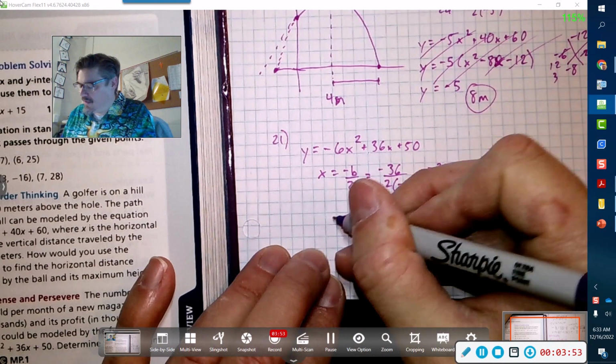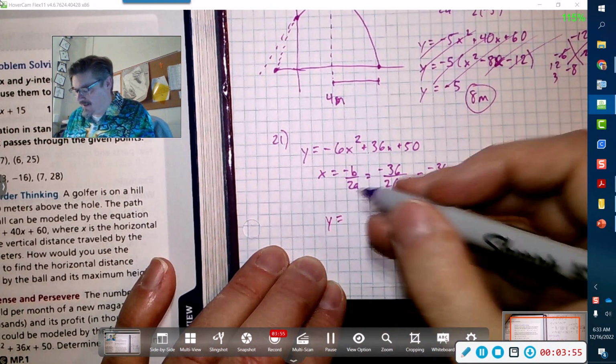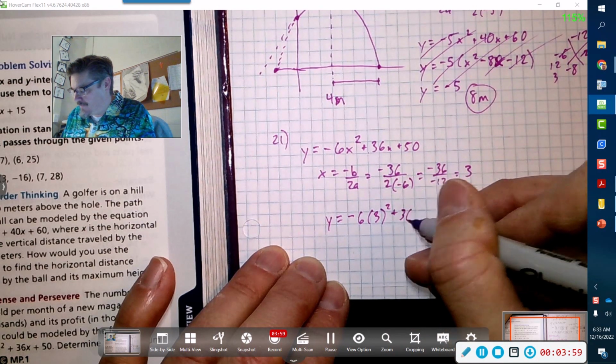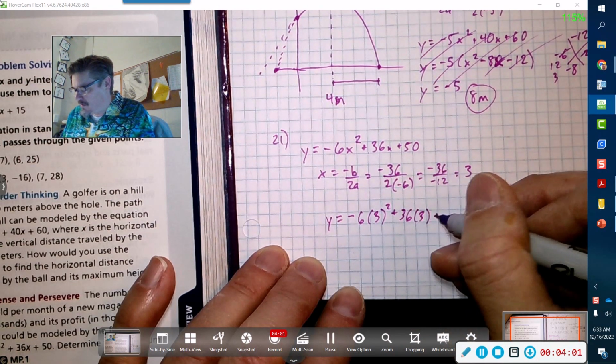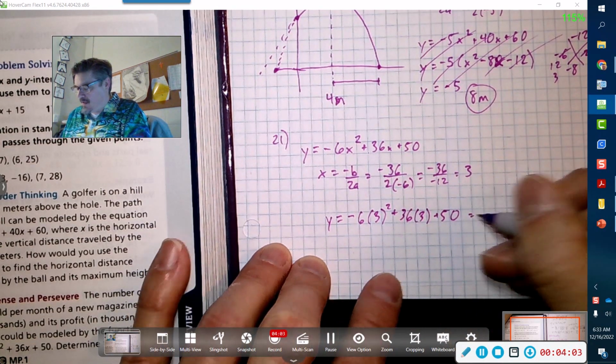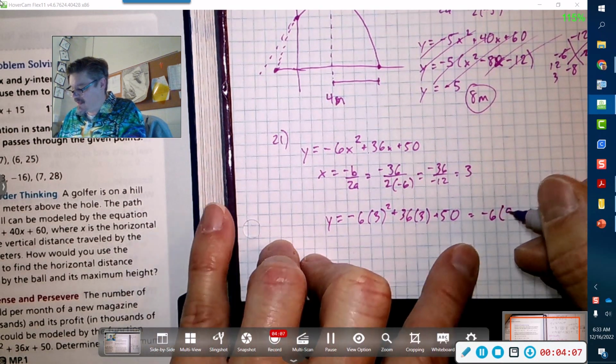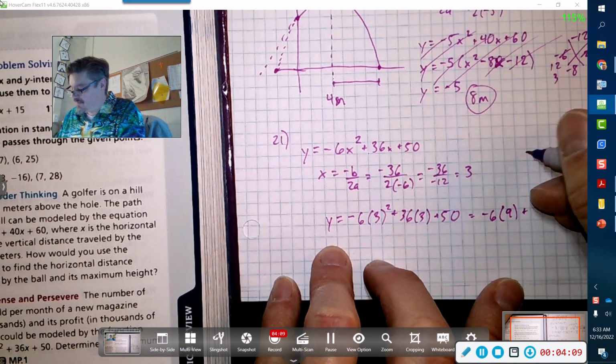So we have to figure out what the profit is by plugging that 3,000 back into the actual function. I don't have a calculator in front of me. That's negative 6 times 9 plus 36 times 3.